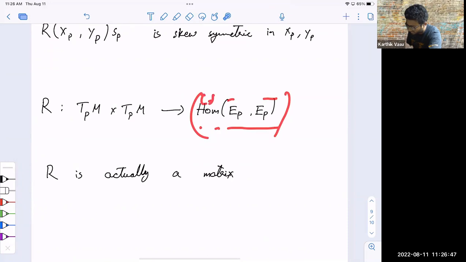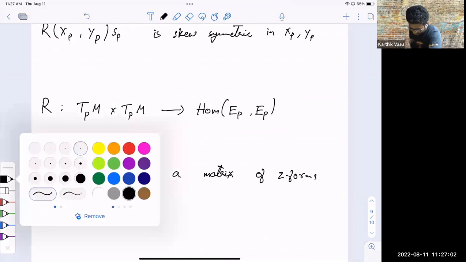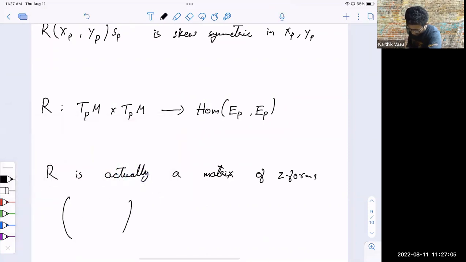So each of these entries will be a two form. So R is actually a matrix of just two forms. It's like a square matrix where it's omega 1, omega 2, whatever, and each of these is just a real valued two form.